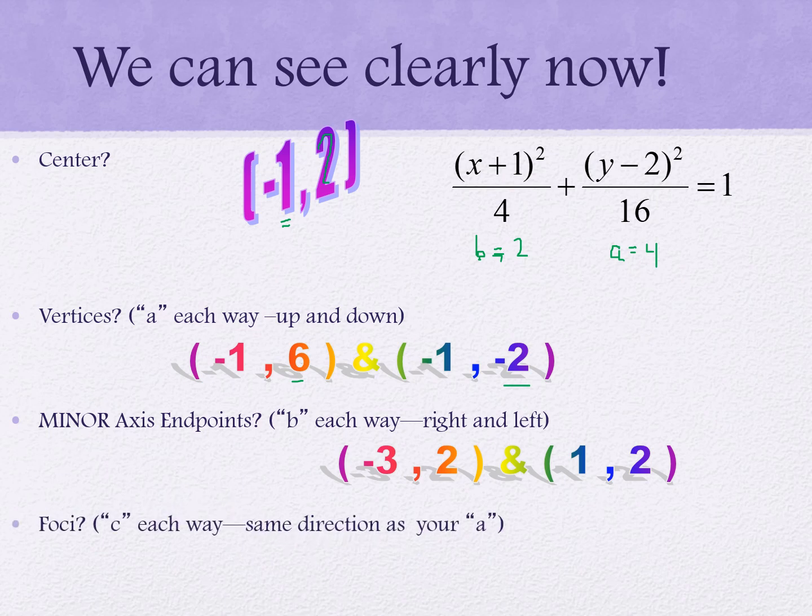And then finally, what about the c each way? So remember, c squared is a squared minus b squared. So we get 16 minus 4, which is square root 12 for c. Well, you could give that an approximate value, and the calculator will put that to decimal, but actually we want it in exact form.